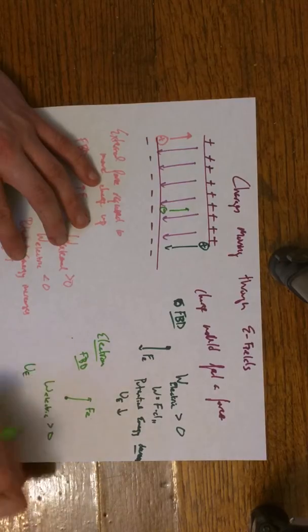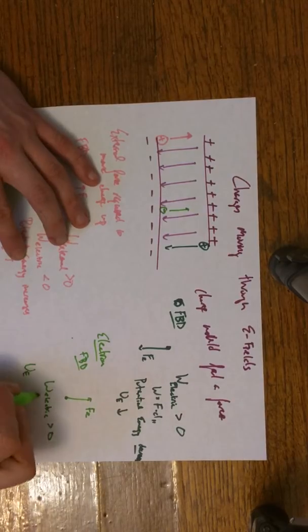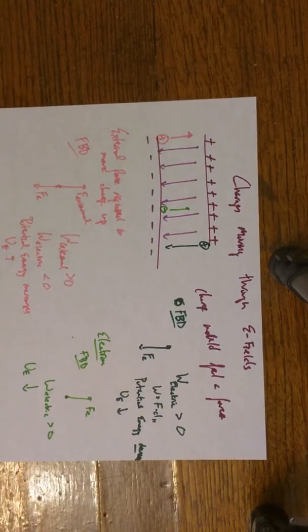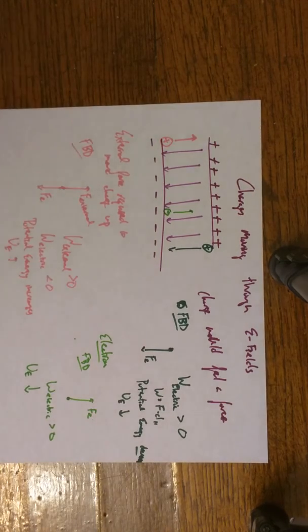And UE, the potential energy due to the electric force, must decrease as this thing will get faster and faster and faster. Okay, cool. Let's pause it there.